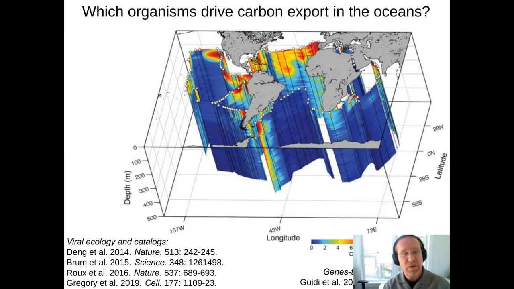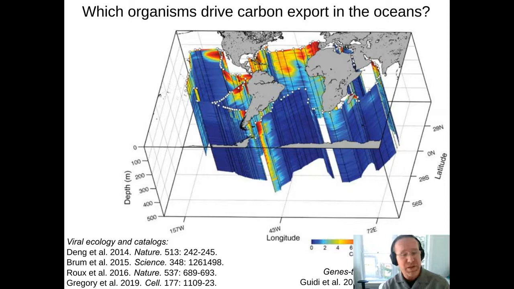In our case, we were interested in the sailboat's trajectory and our estimate of carbon flux, which is pictorially represented here down into the water column, where red are high areas of carbon flux and blue are low areas. We were interested in a simple question. Remember, Tara Oceans studied viruses to fish larvae. So which of the organisms in that spectrum drive carbon export in the oceans?